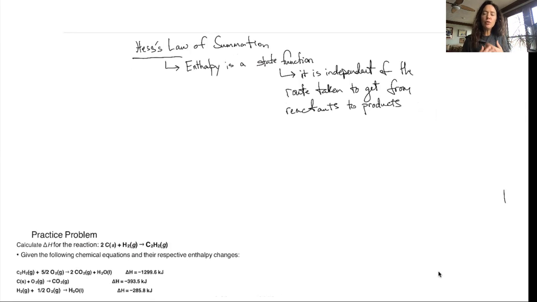And we can use this to calculate the heat of the reaction, right? We've used bond energies where we broke bonds and formed bonds. We use standard enthalpies of formation where we formed and unformed compounds. Now we're going to take some set of given equations and use them to calculate the heat of a reaction.